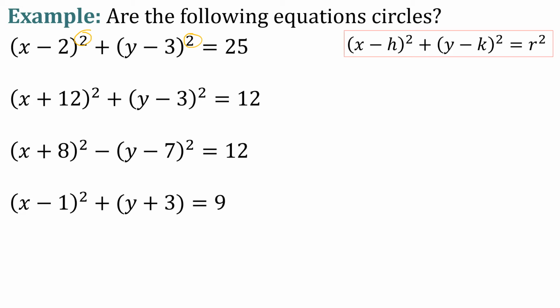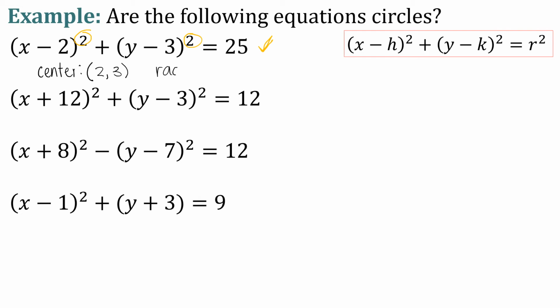Yes, they're both positive. Do they have the same coefficient? Yes. So this is indeed a circle. Let's identify the center. I have to change the minus 2 to a plus 2, and the minus 3 to a plus 3.